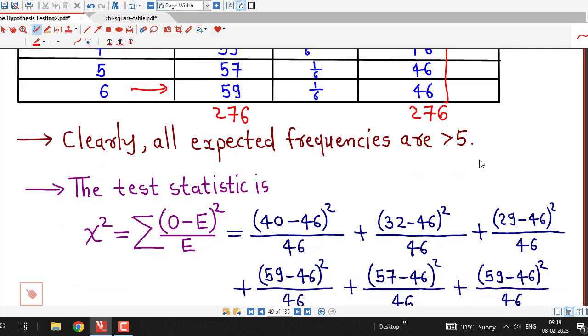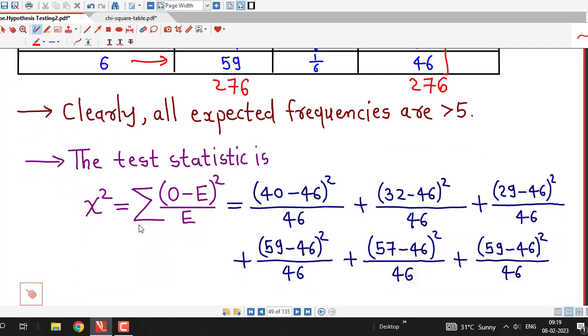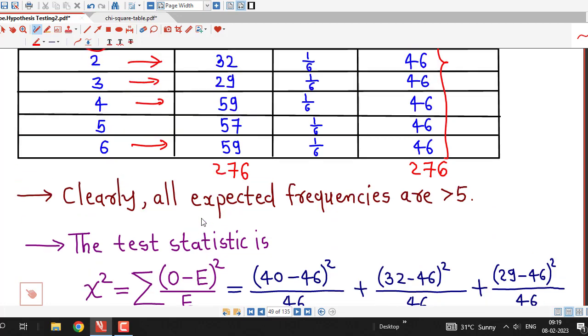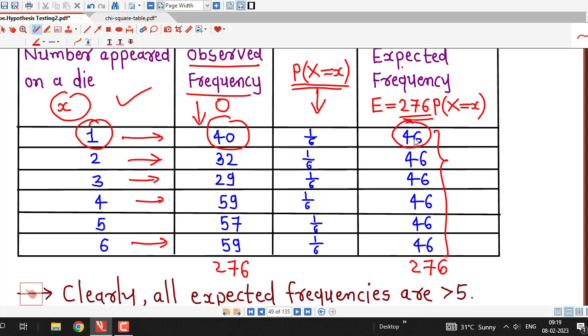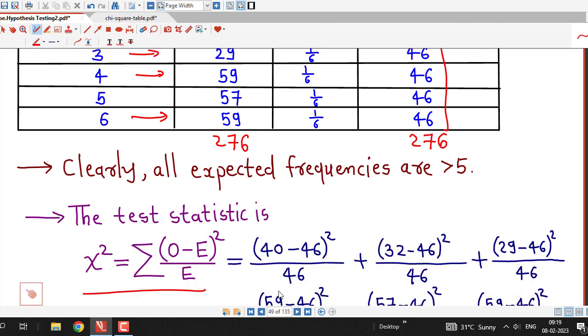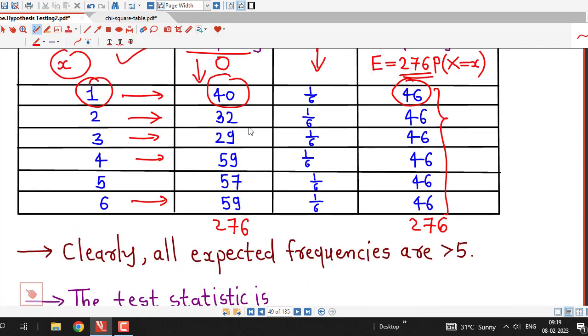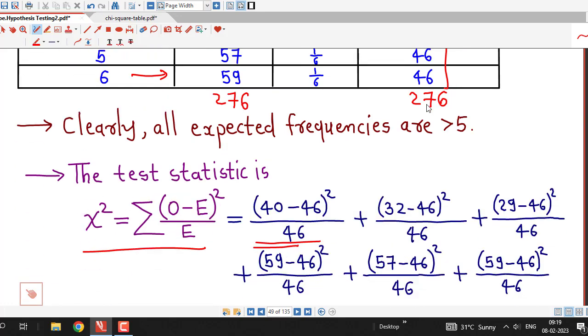And then we have calculated the test statistic for goodness of fit test, sigma of observed minus expected frequency whole square divided by E. So here we are considering 40 minus 46 whole square divided by 46. This is for number 1 or first category. Then 32 minus 46 whole square divided by 46.